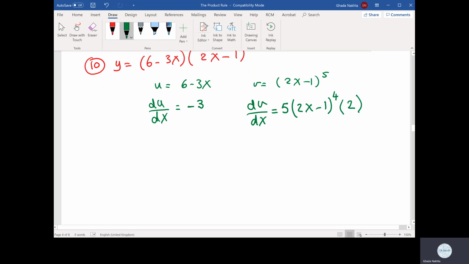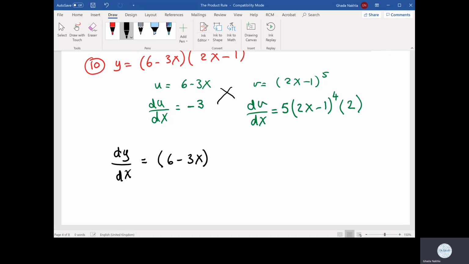So cross multiply again. Let's apply the product rule. Cross multiply: dy by dx is equal to bracket 6 minus 3x. 2 times 5 is 10, so let's stick the 10 at the front here, and let's put the other bracket, 2x minus 1 to the 4, minus, we should go plus, but in this case I have a minus sign, so minus 3, and then 2x minus 1 to the 5.